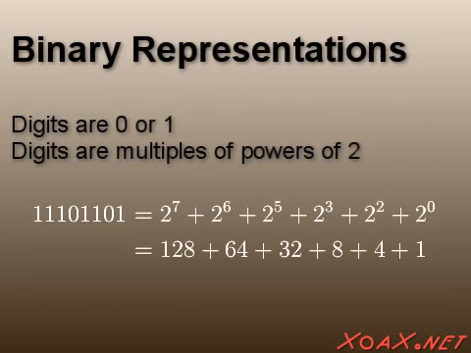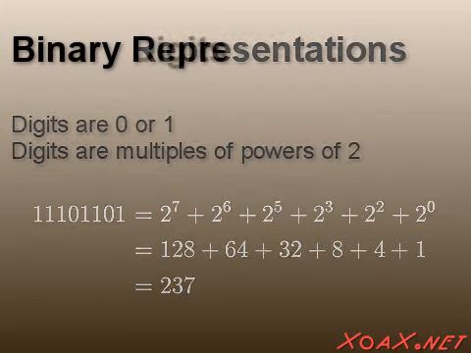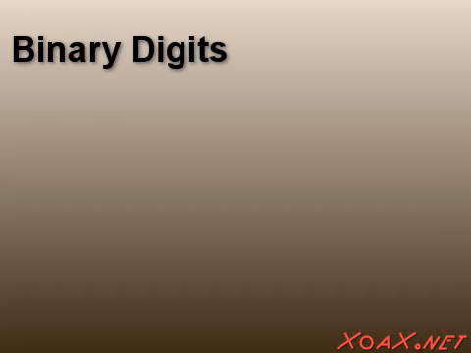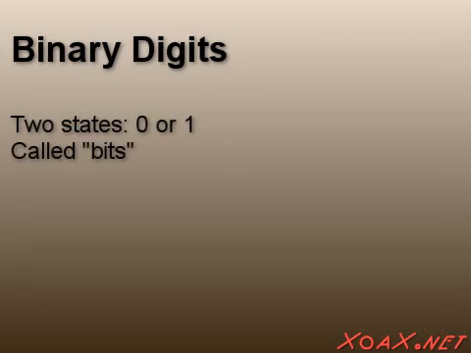So this number is equal to 1 times 2 to the 7 plus 1 times 2 to the 6, and so on. The sum of these powers of 2 is 237, as we expect. The name binary comes from the fact that each digit has two states, 0 or 1. In computers, the name binary digit is shortened to bit.